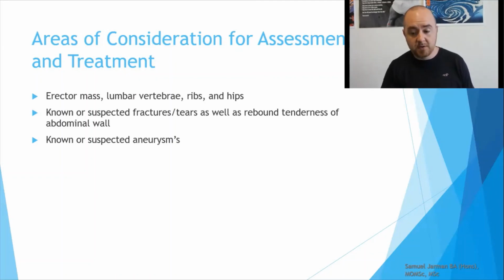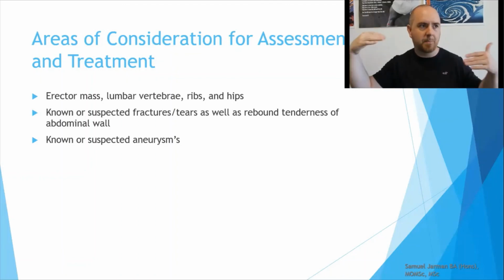Now, the other deal, as noted in the lumbar flexion discussion, known or suspected abdominal aortic aneurysms. These are much easier to identify in the abdominal region because even in people who are not particularly lean, when they're in supine, the abdominal wall will notably bound. It will be very pronounced. So if you see a lean person, it's not abnormal to see some bound in the abdominal wall when they're laying and they're essentially not in active breathing or the breath has paused for a moment.